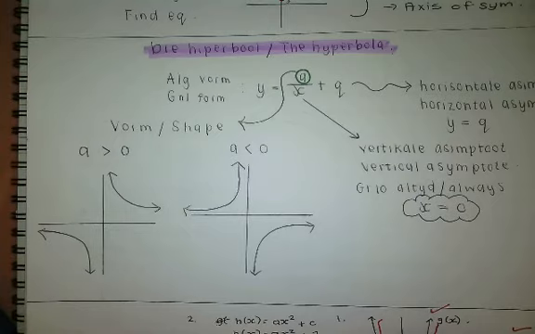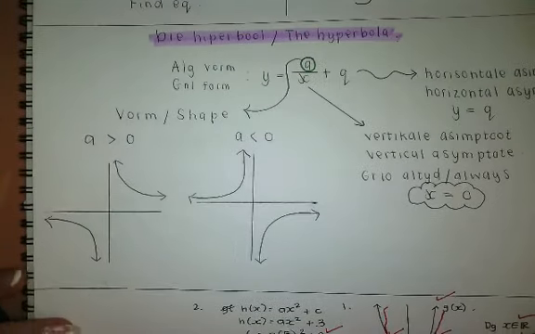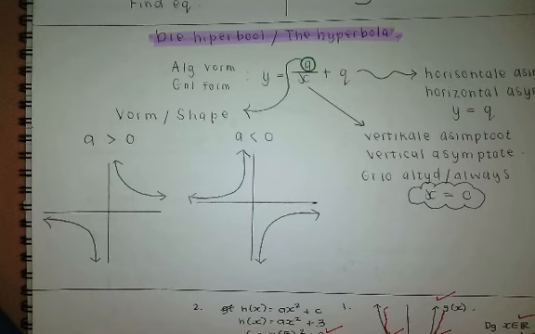The shape meaning, quickly have a look. You see, a hyperbola consists of two arms. Always two arms.